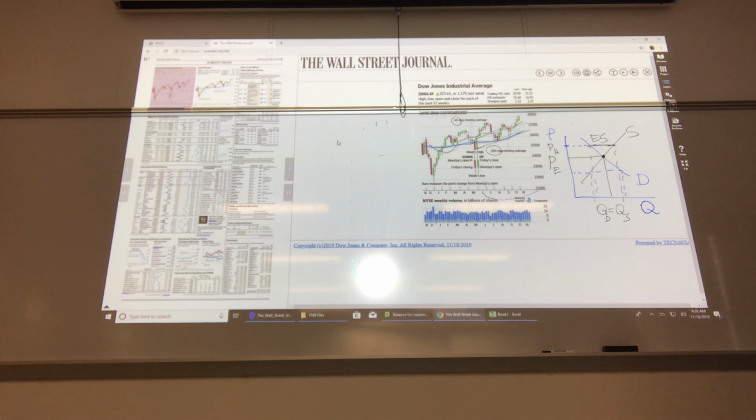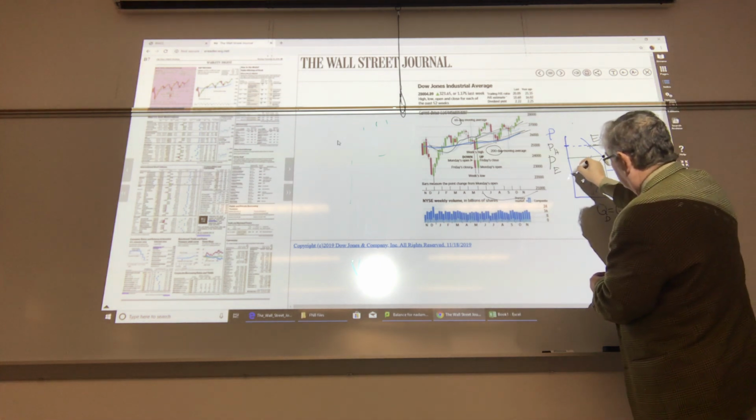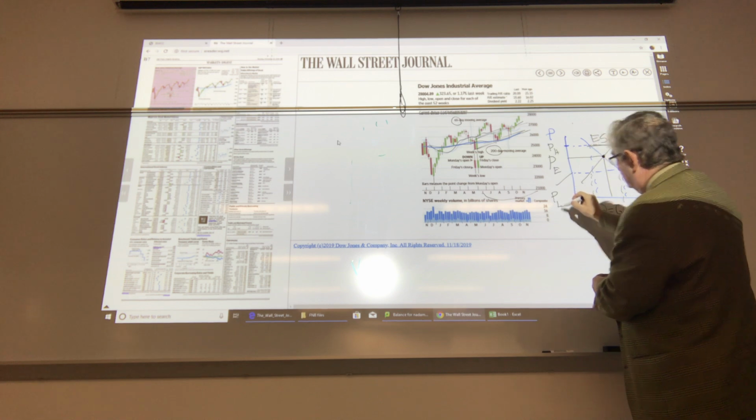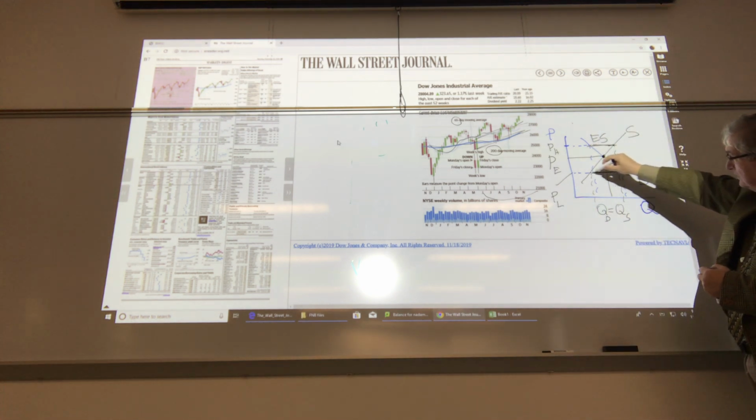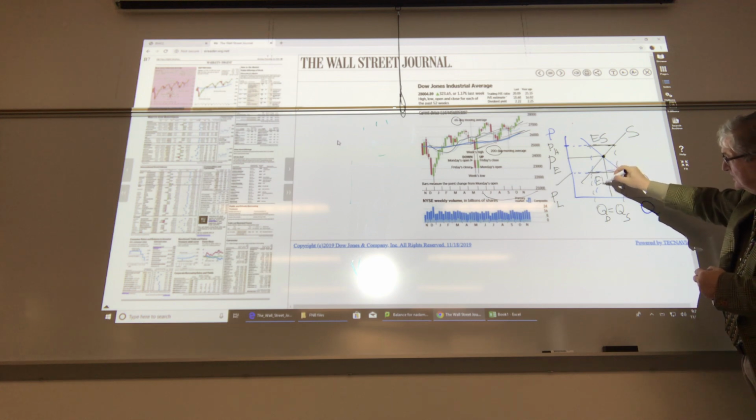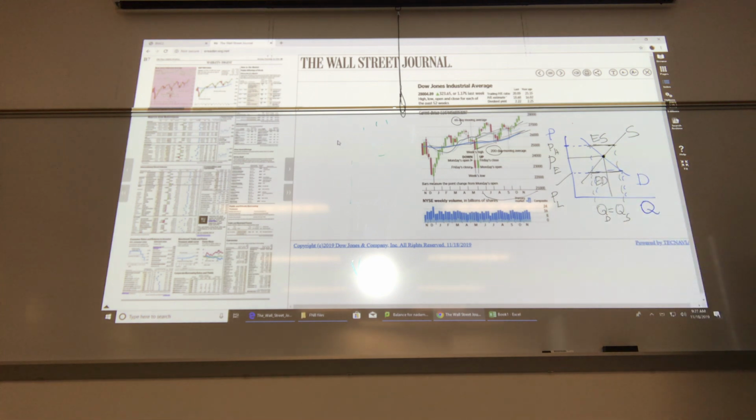Similarly, if we have a price that is lower than the equilibrium price, then we have excess demand, because for the lower price, we demand more than what we supply.